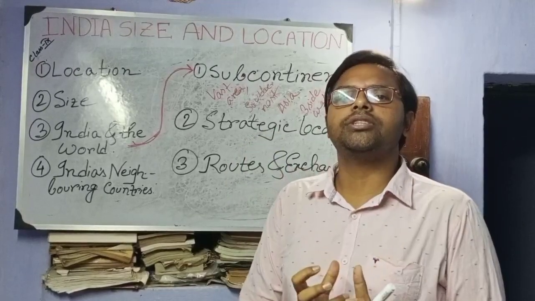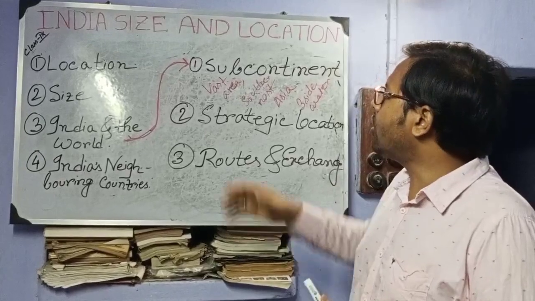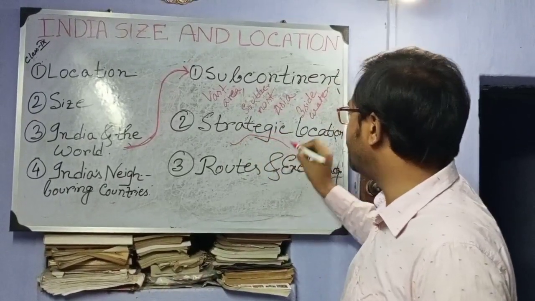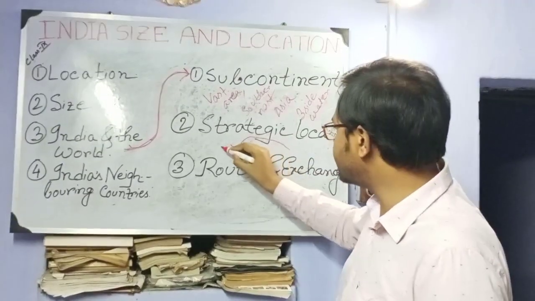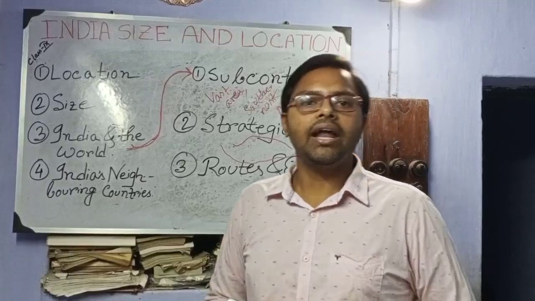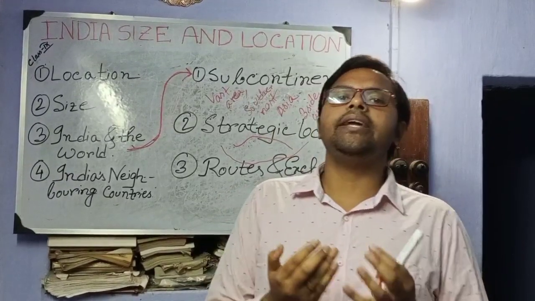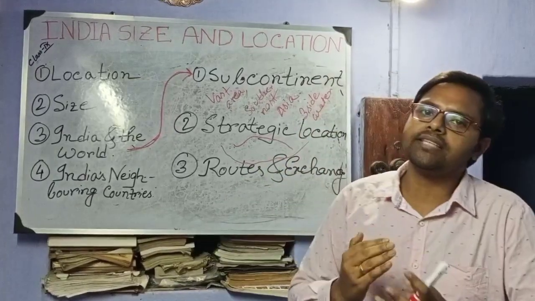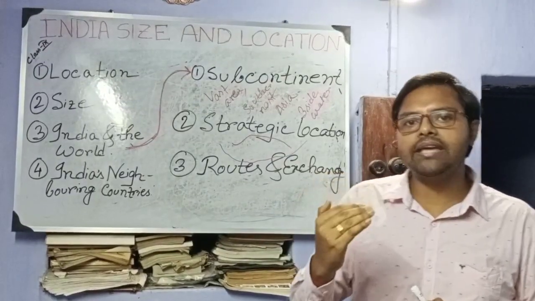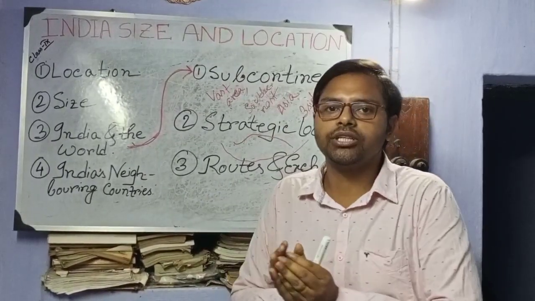Next point, strategic location. From the north side, it is bounded by the Himalayan mountains, and on the southern side it is bounded by the ocean. For naming the country India, there is an oceanic reason, that is the Indian Ocean. From the name of India, an ocean has also been named, the Indian Ocean.